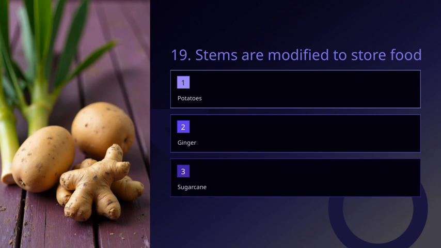And then we have sugarcane, which is essentially a tall, thick stem that stores large amounts of sugar. These modifications highlight how different plants have evolved their stems to serve as efficient storage units, supporting their survival and growth. This is a fascinating example of how plants adapt structurally to meet their needs, tying back to the overall theme of plant diversity and adaptation.